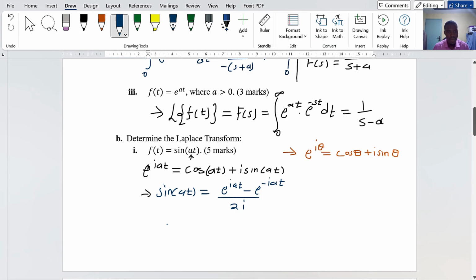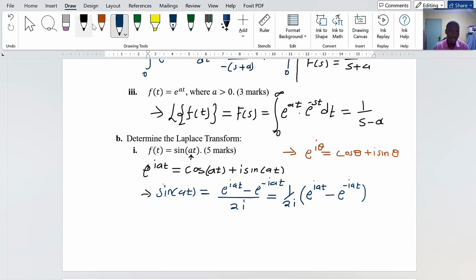So we are going to apply the Laplace to this. So we can rewrite this as 1 over 2i into (e^(iat) minus e^(-iat)). Now this is what we are going to do.